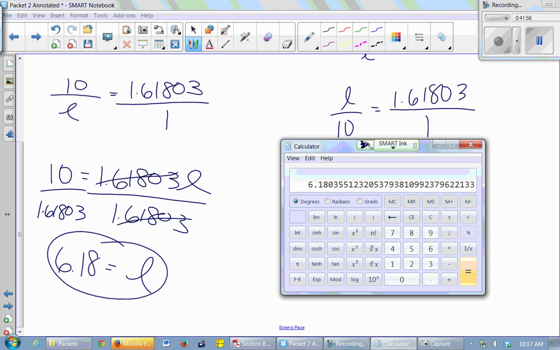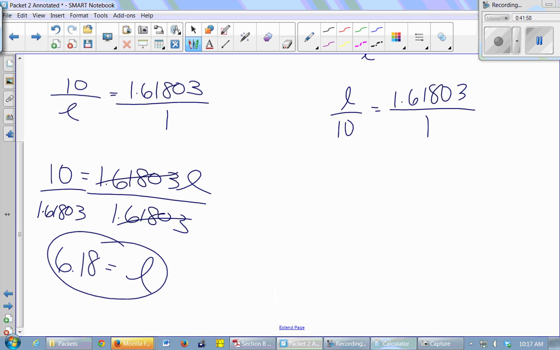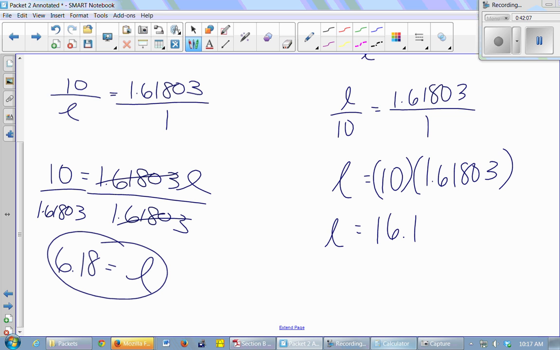All right, and then over here, L times 1 is L, 10 times 1.61803. L is 16.18. So there's two possible answers to this question.